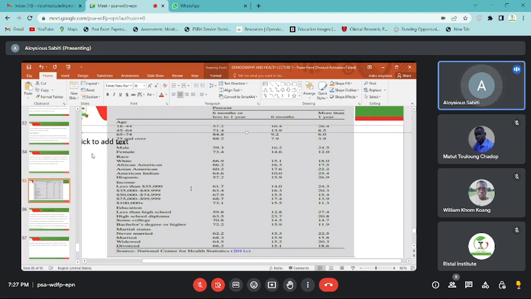Those who have a bachelor's degree are at 72, and therefore they have sought healthcare. Their seeking behavior is better than those who are less than high school. If you also look at marital status, those who are married have more touch with healthcare than those who are not married.